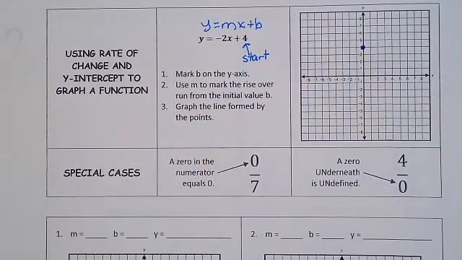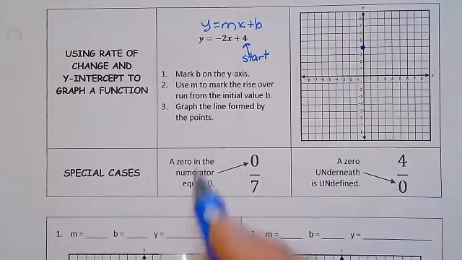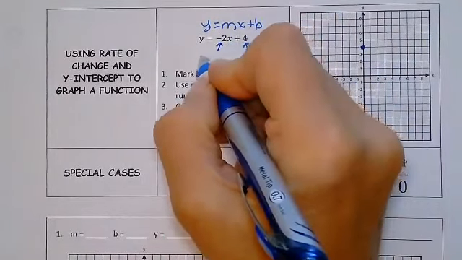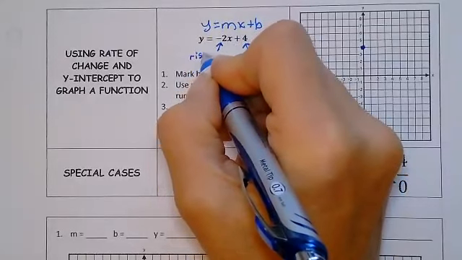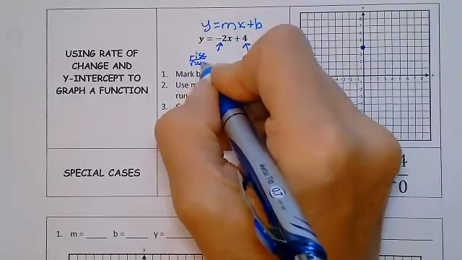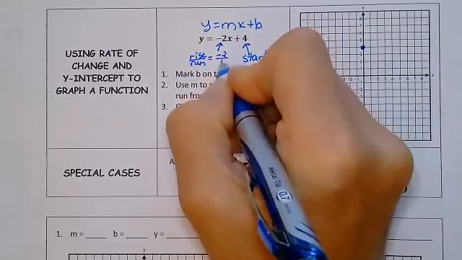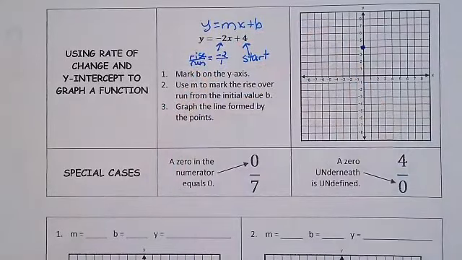Now I'm going to use m to mark the rise over run from the initial value of b. So right here is my rise over run. Well, my rise is -2. Since I don't have anything underneath, I can put a 1. That doesn't change the value.